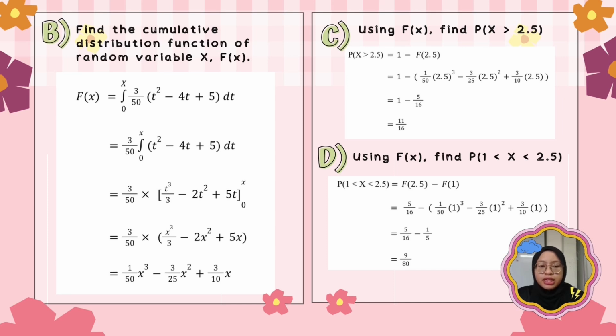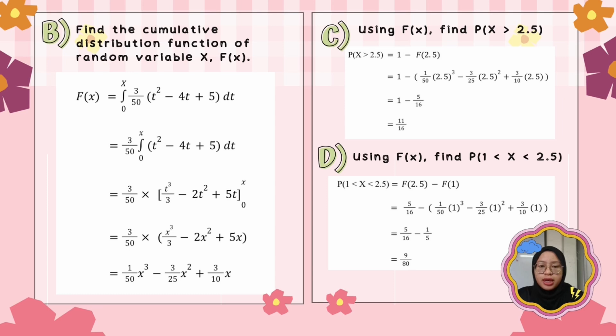Next, integrate the equation to become into integration of lower limit 0 and upper limit x. After that, integrate as usual. The answer that we got is 1 over 50 x cubed minus 3 over 25 x squared plus 3 over 10 x. That is our capital F(x).